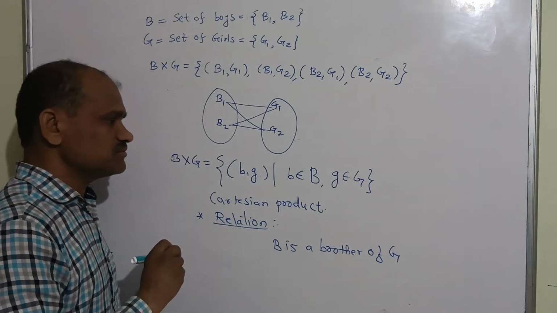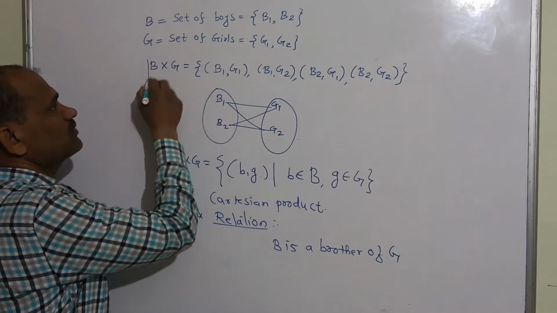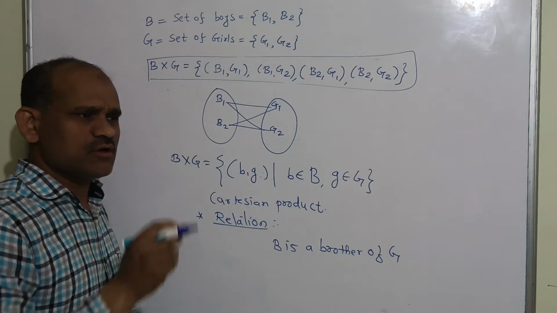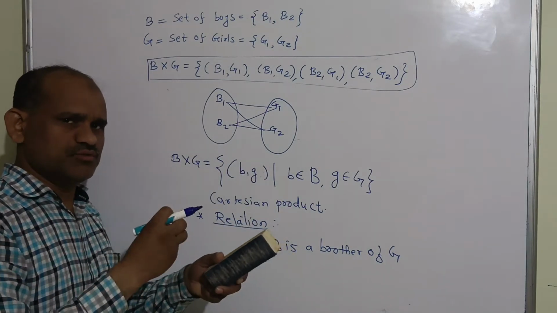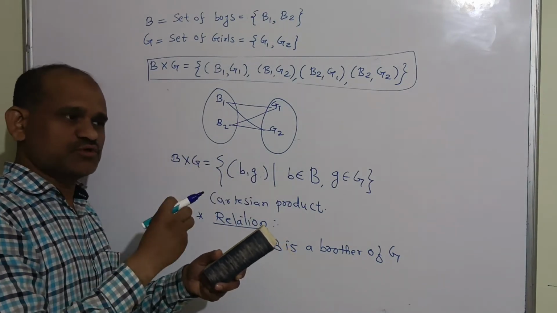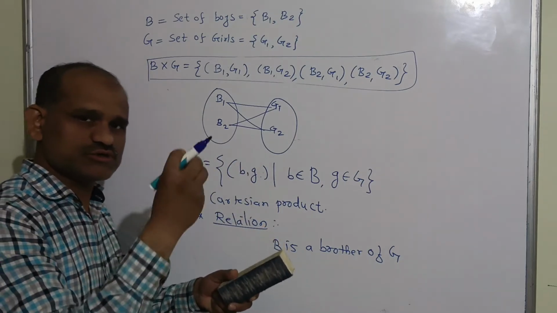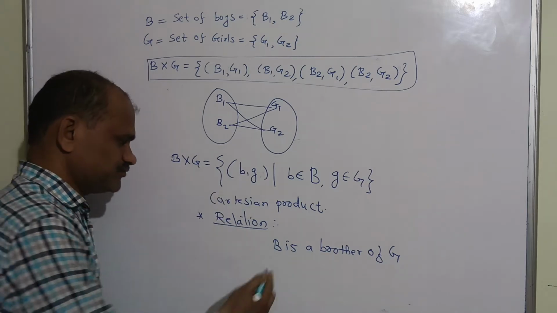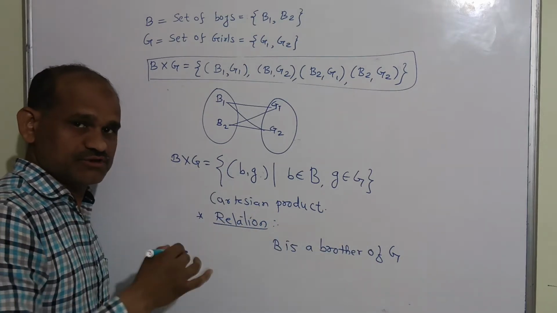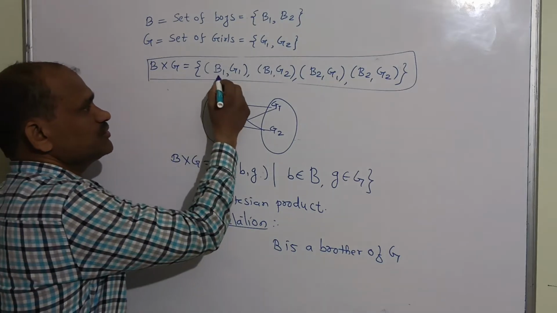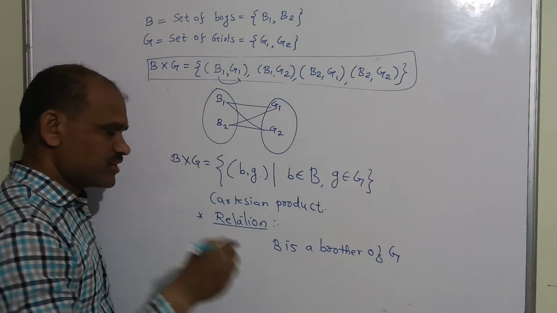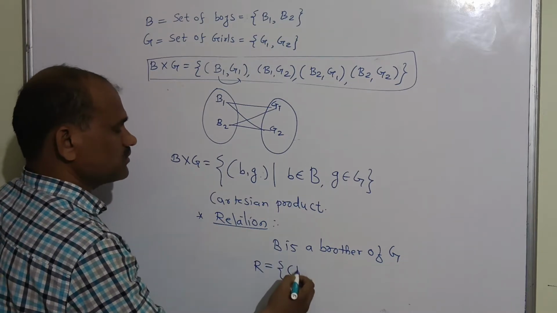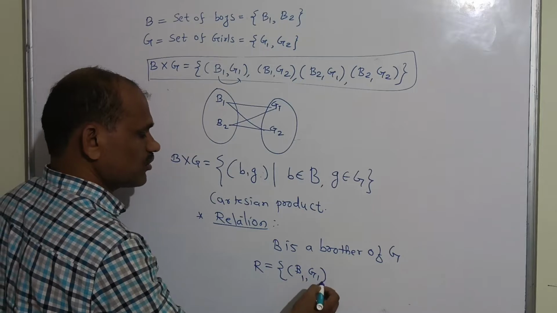B is a brother of G. In the Cartesian product, all possibilities are given: B1 associated to G1, B1 associated to G2, then B2 associated to G1, B2 associated to G2. If I describe a special relation, that B is the brother of G, and B1 is a brother of G1, then we take here relation R, B1 is brother of G1.